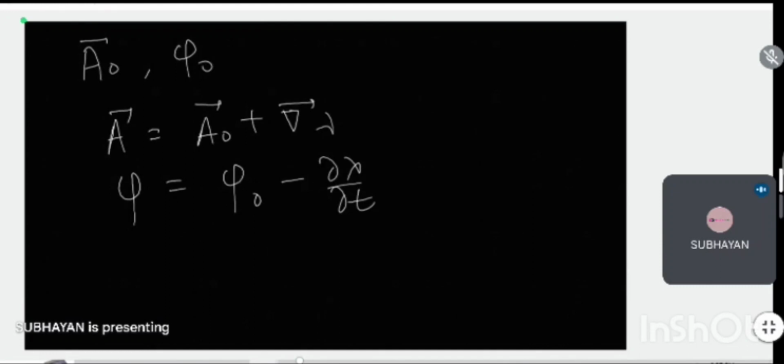If you have some solution A naught and phi naught, then you can construct other solutions by this lambda without affecting the physics. Okay. So here lambda is the gauge function.